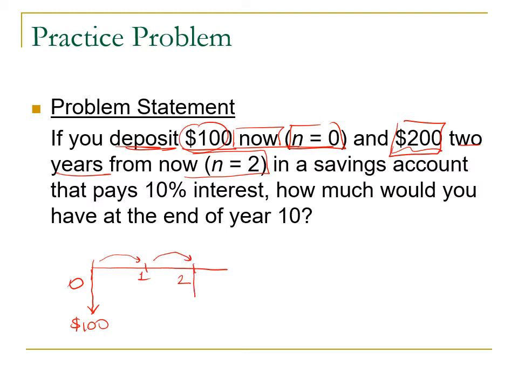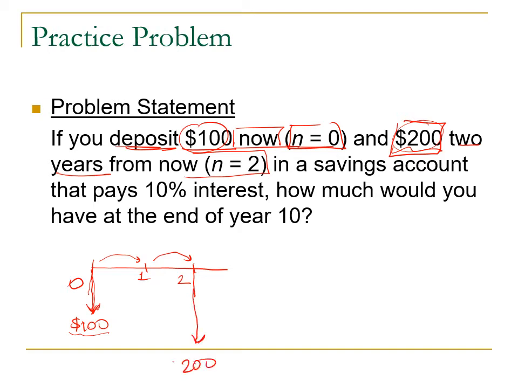Look, the length of the arrows usually represents the amount of money. So if you represent this $100 with such a length of the arrow, then the $200 should be longer than that one.